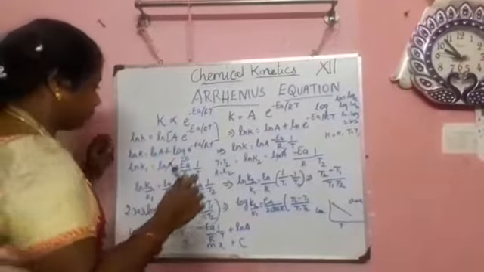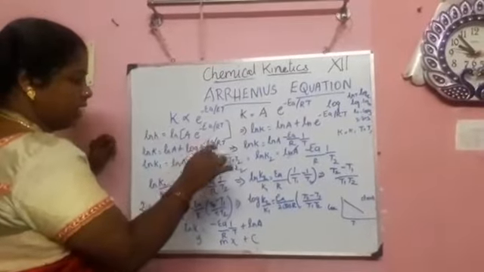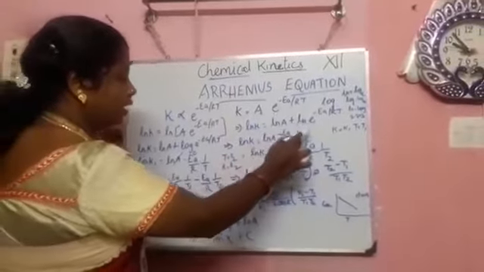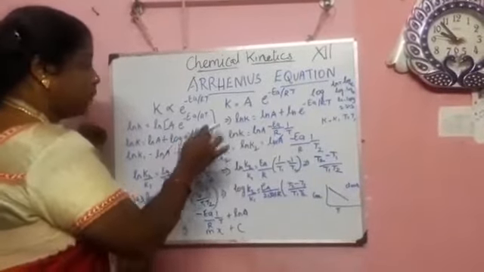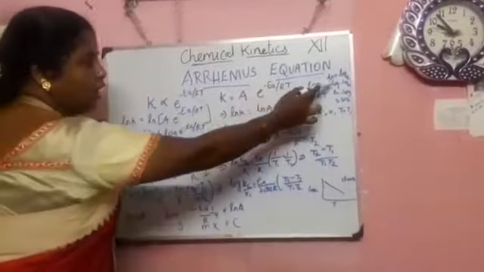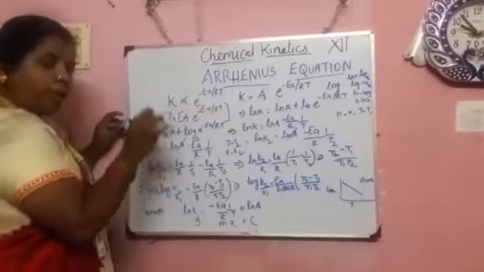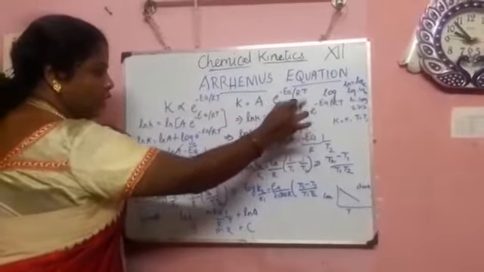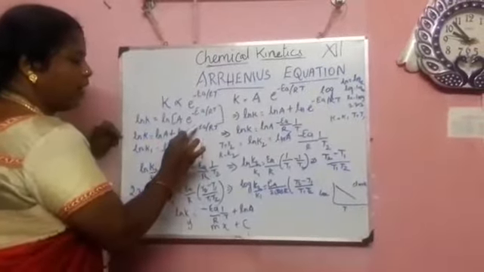Here ln is nothing else but log to the base e, and again we have e to the power of minus Ea by RT.